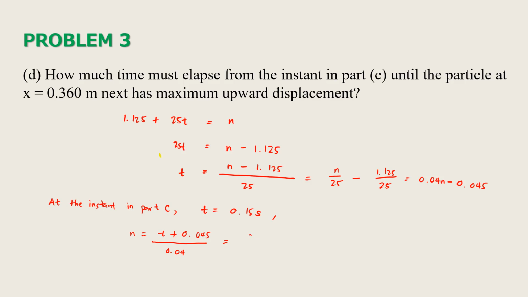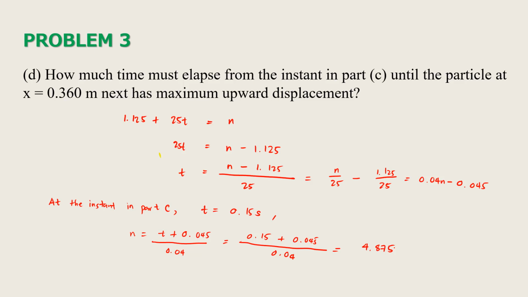So this is equal to 0.15 plus 0.045 divided by 0.04. So that is 4.875. Okay, so this is not an integer.